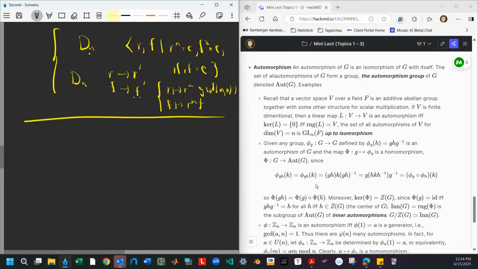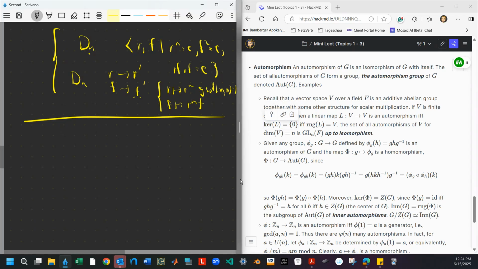So automorphisms. I've talked already about, well, one thing about vector spaces. How do you get automorphisms of vector spaces? Same as with generators. You just map a basis to a basis. And that's how you get automorphisms of vector spaces.